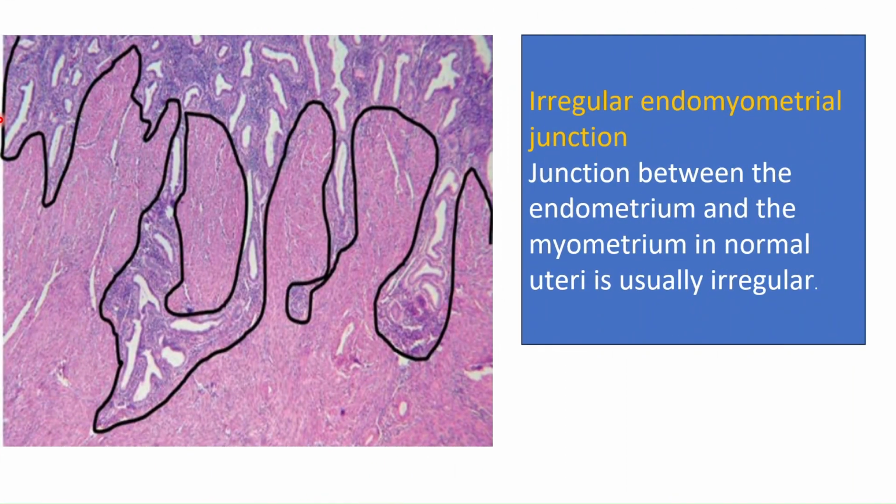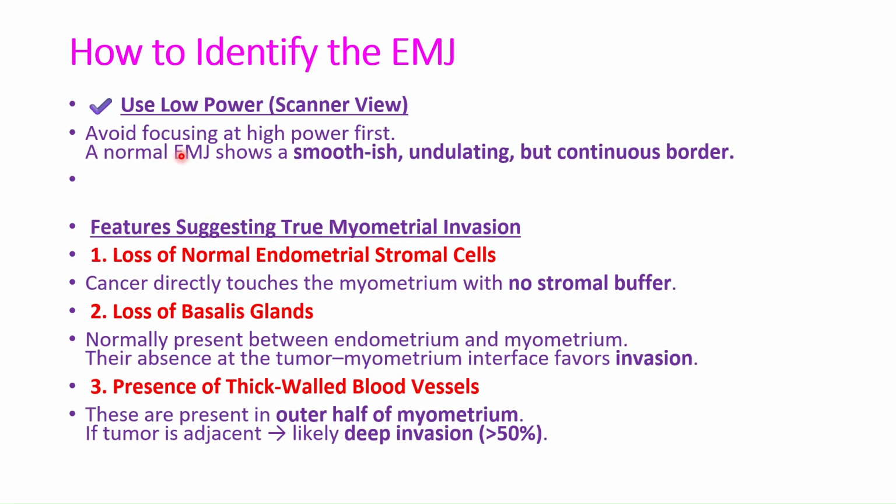See here in this section, this is a normal endomyometrial junction where you can see irregularly placed endometrial glands and this is myometrium. So, this is the irregular junction which may make difficulties in identifying myometrial invasion. Use low power, and the normal junction shows a smooth-ish, undulating but continuous border.